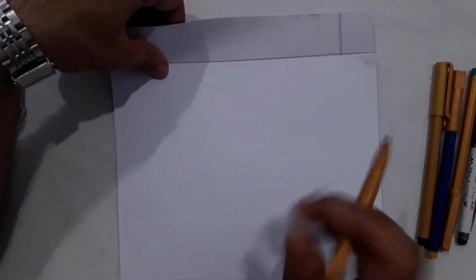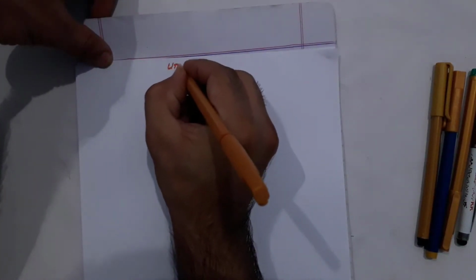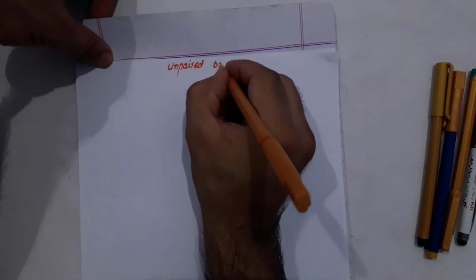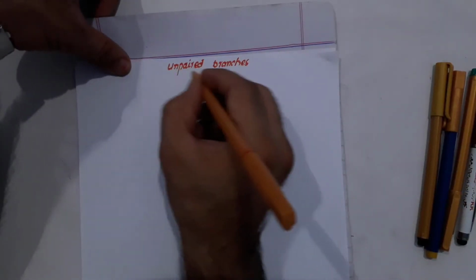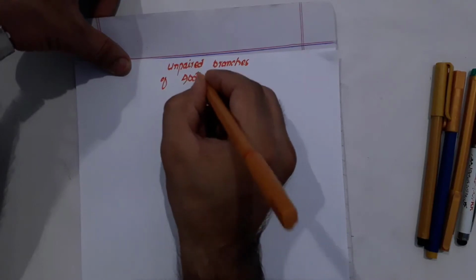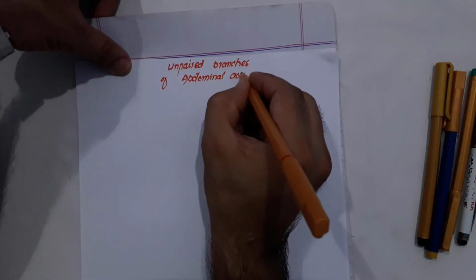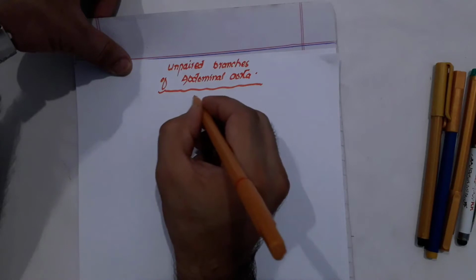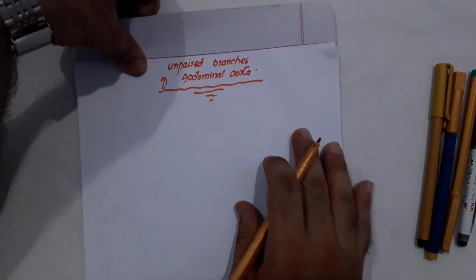Let me write here that in this lecture, we are going to discuss the unpaired branches of the abdominal aorta.